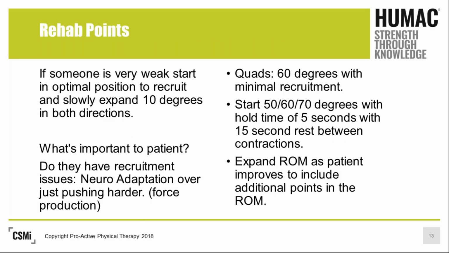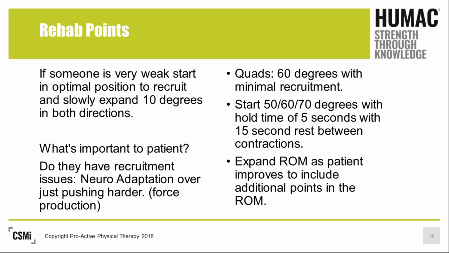So it's important for us to remember the science behind the exercise and all of the components that we want to go to. So here are a couple of points that we often go over. If someone is very weak, we want to start them in the optimal position to recruit and then slowly expand 10 degrees in both directions if it's appropriate.